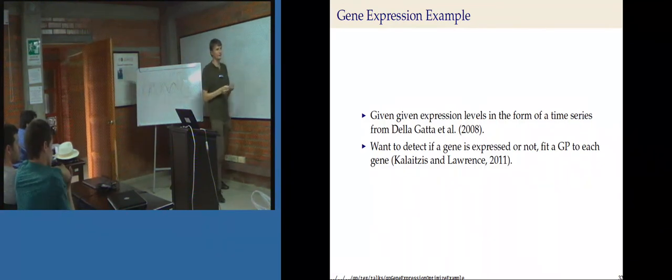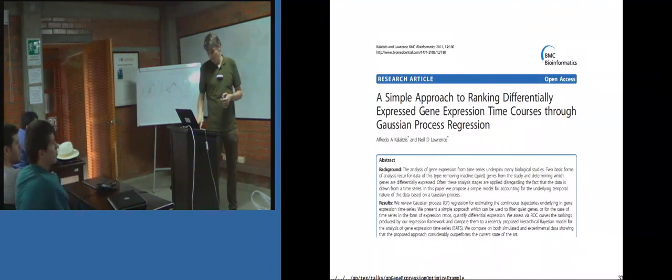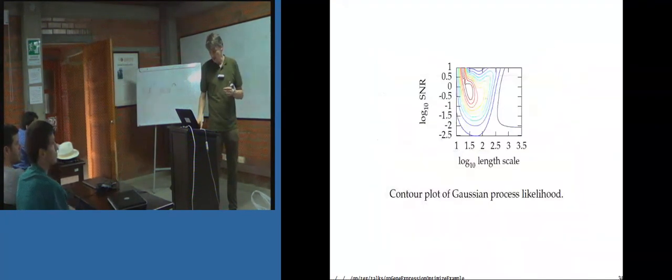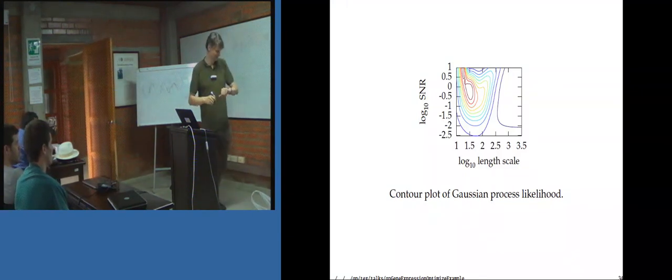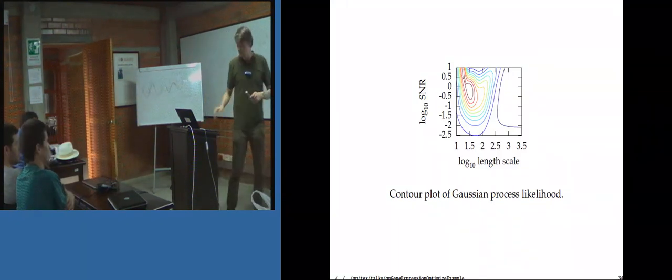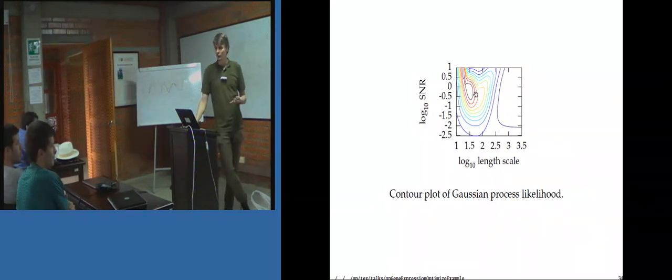Then for every model in this contour plot, which is from the paper, we plot the value of the marginal likelihood for different length scales and different log 10 signal to noise ratios. So what you see in this plot is the value of the log likelihood for all those length scales and signal to noise ratios.